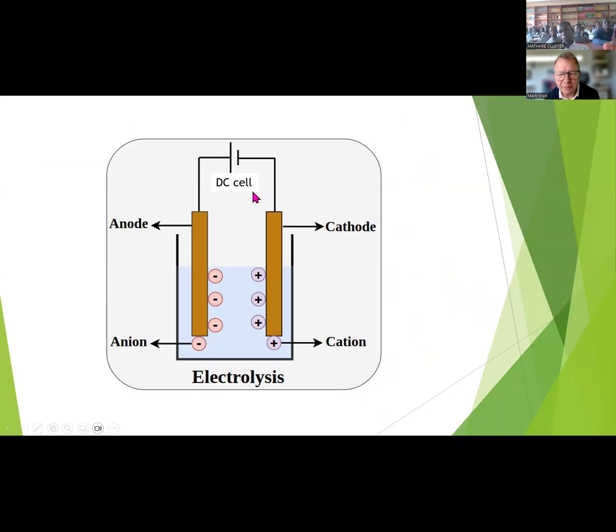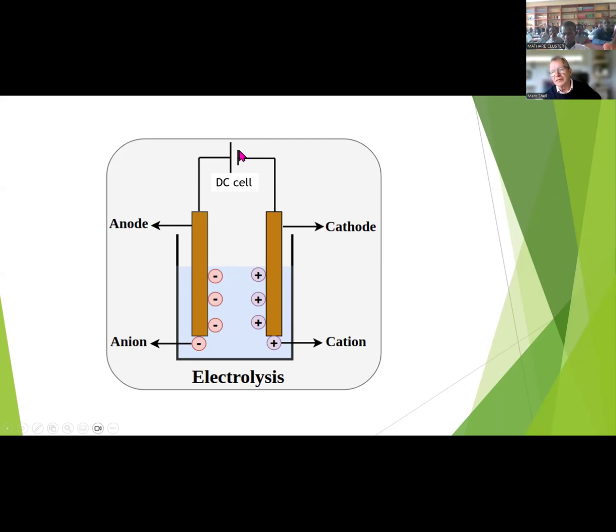Now, why we split electrolysis and the voltaic cell is because it looks very similar apart from what is at the top here. In electrolysis, we provide electricity to make chemical change. In the voltaic cell, these are producing electricity, which we can see with a voltmeter.